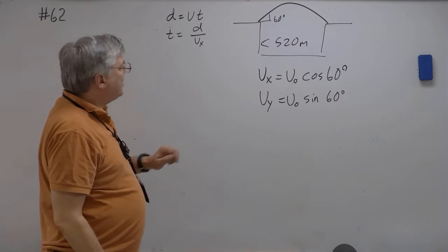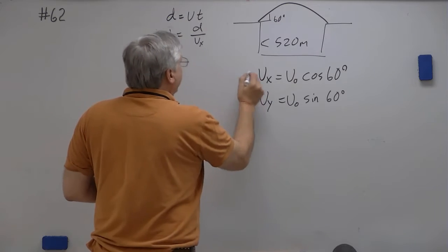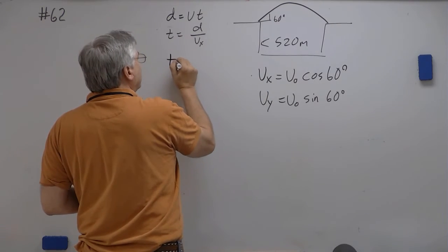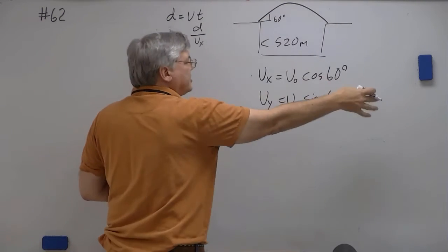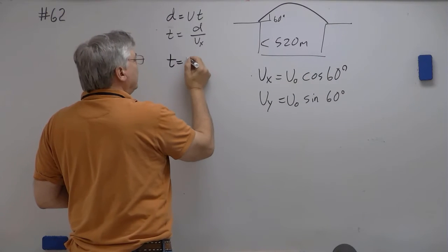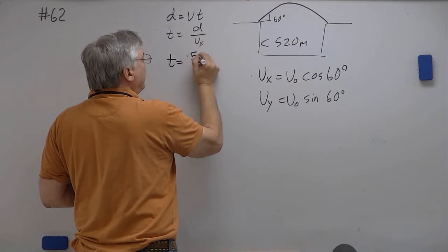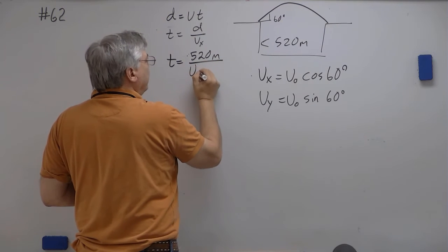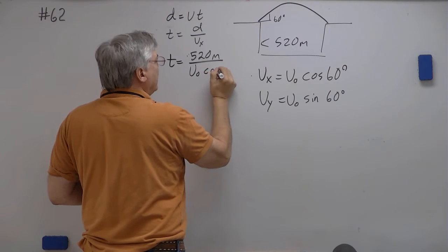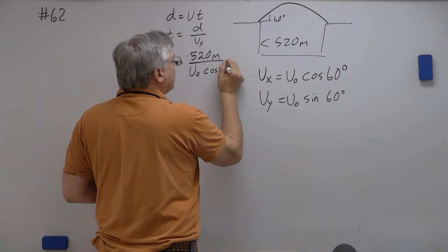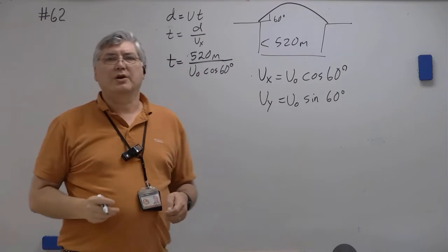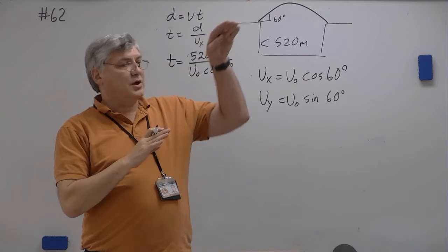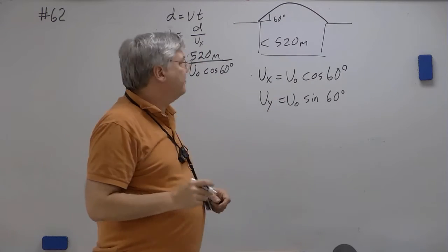Let's substitute that in, and we'll say that the time it takes to go the entire distance is equal to 520 meters divided by v naught times the cosine of 60 degrees. So that's the time it will take her, Darling Darlis, to go all the way across the canyon.